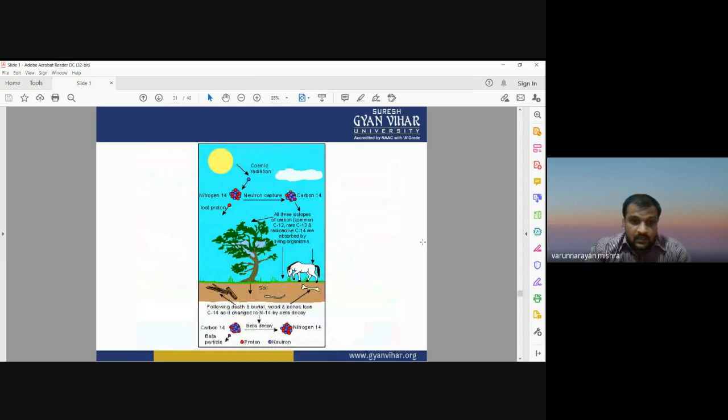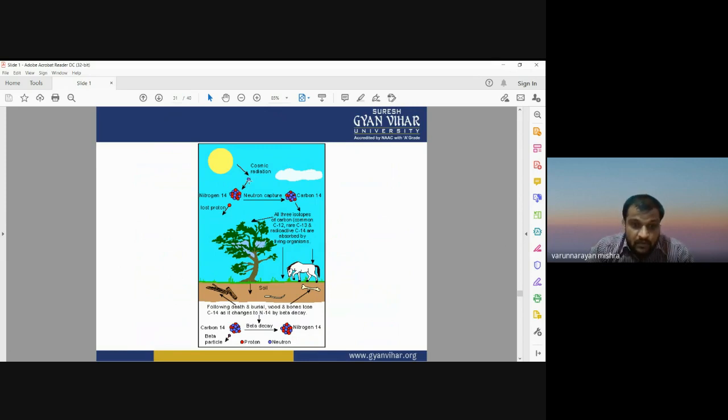This is another example showing the mechanism of the carbon dating process. Cosmic or electromagnetic radiation interacts with the nitrogen gas present in the atmosphere, and during this interaction the nitrogen is converted into carbon, and the proton lost during that process is released. All three isotopes of carbon, C12, C13 and C14, are absorbed by the living organism.